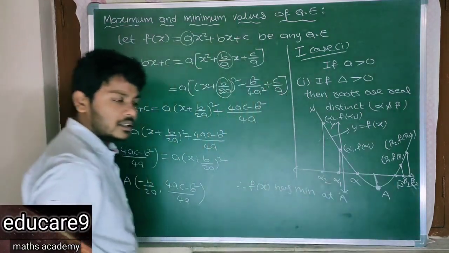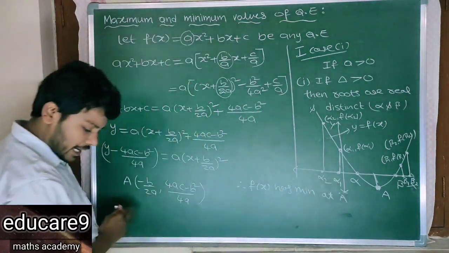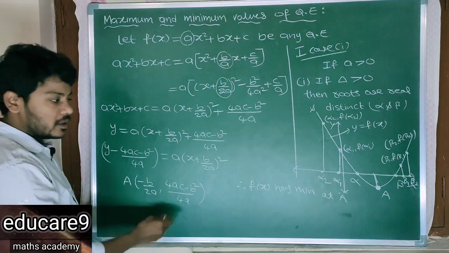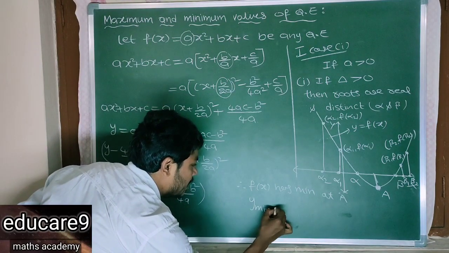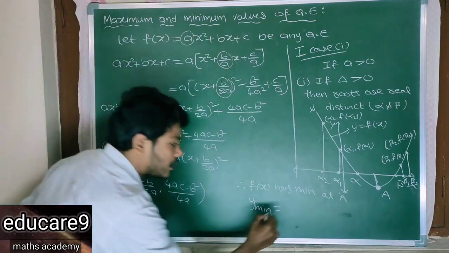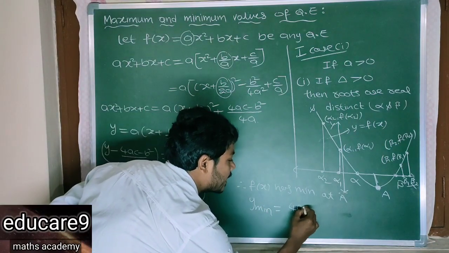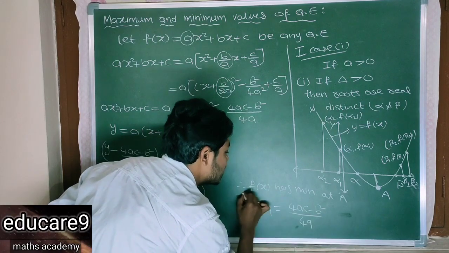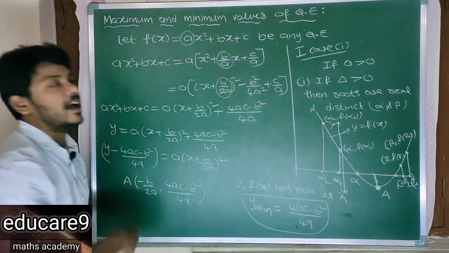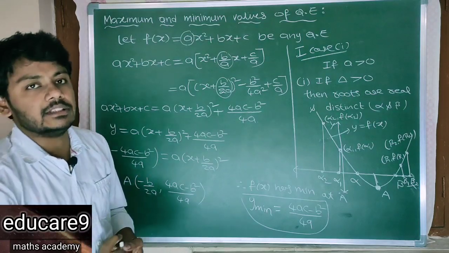So this point is minus b by 2a comma this. Therefore that minimum value, that is y minimum, is equal to 4ac minus b square by 4a. So this is the minimum value when a is greater than 0.